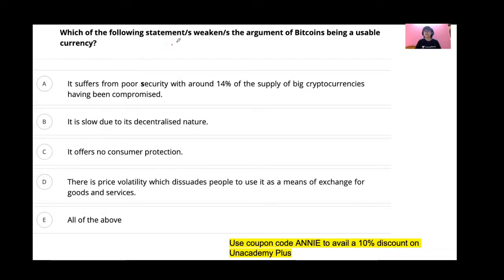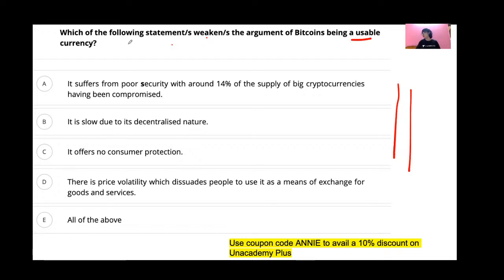Which of the following statements weakens the argument of Bitcoins being a usable currency? Now you see, this question is not at all related to your passage. Even without reading the passage, you can answer this. Why? Because some points are given and it is asked which of the following points, if true, will weaken the fact that Bitcoins are a usable currency.